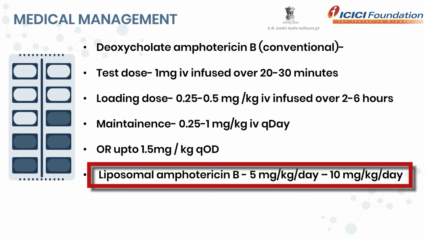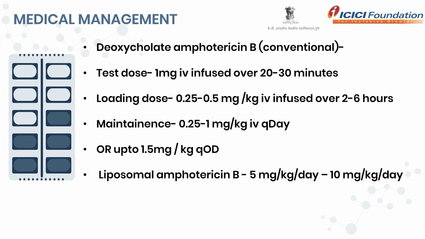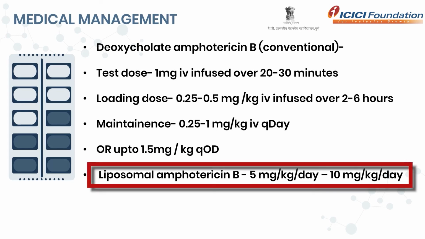One vial of amphotericin contains 50 milligram, and the cost is in the range of 2 to 7,000 per vial. So one patient for one day requires, according to these 5 to 10 milligram per kg doses, about 5 vials per day.